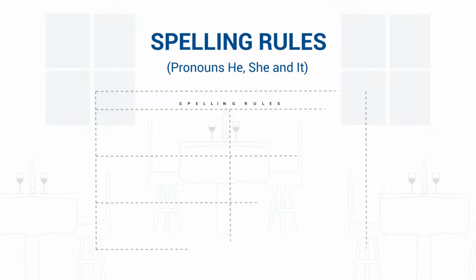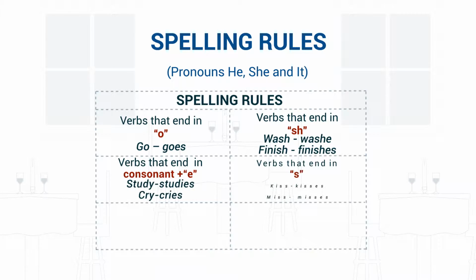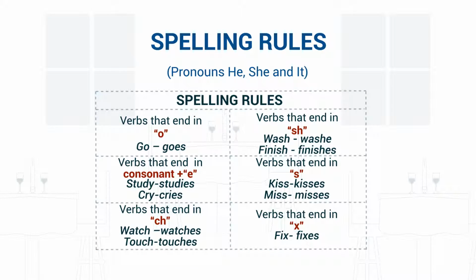Spelling rules. Verbs that end in O: go and goes, do and does. Verbs that end in SH: wash and washes, finish and finishes. Verbs that end in consonant plus Y: study and studies, cry and cries.